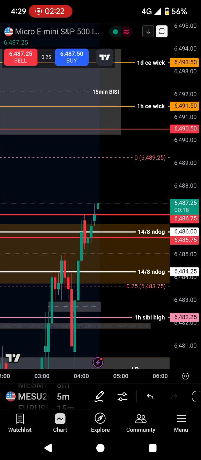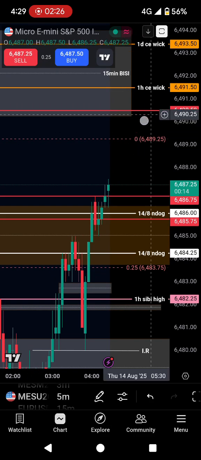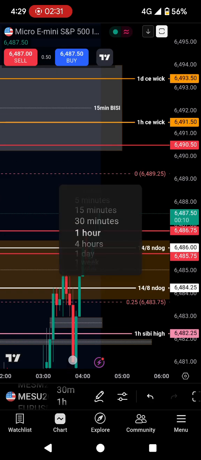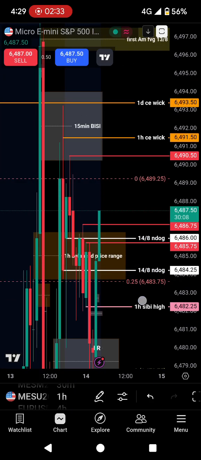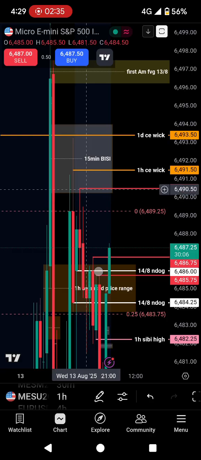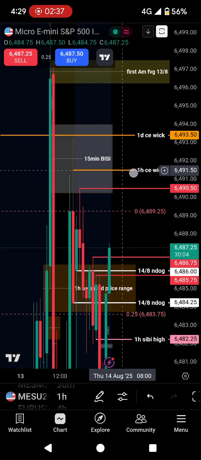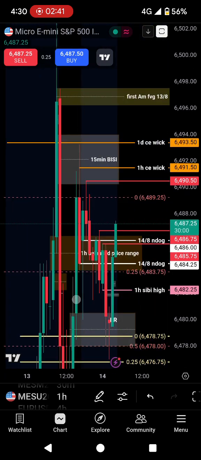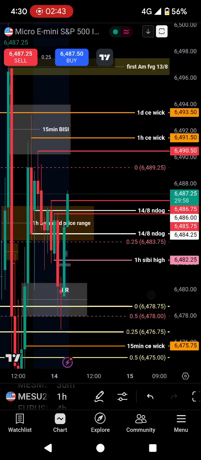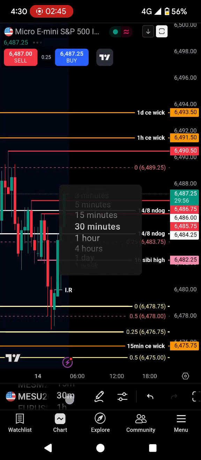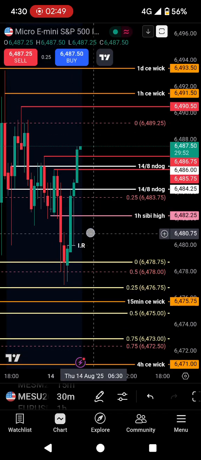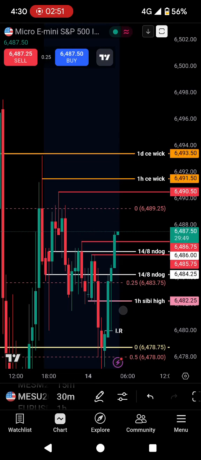So we'll still study. I still got a couple of minutes. We still study and see the imbalance for the buy side here into the 1 hour CD. So this is the Asia buy side, the 1 hour CD, then the daily CD here, and 30-minute imbalance here.